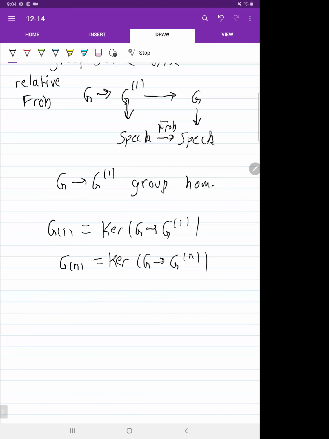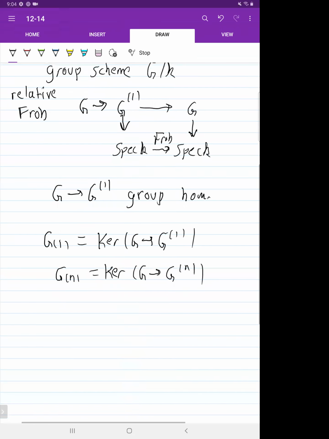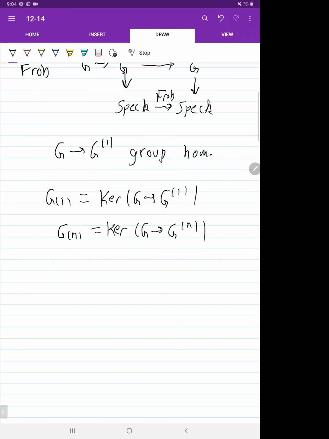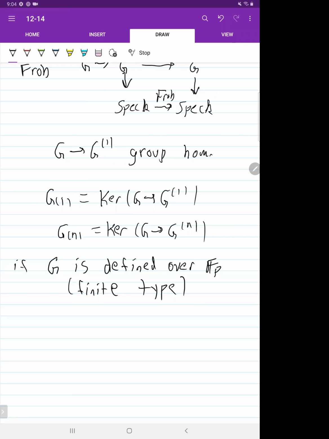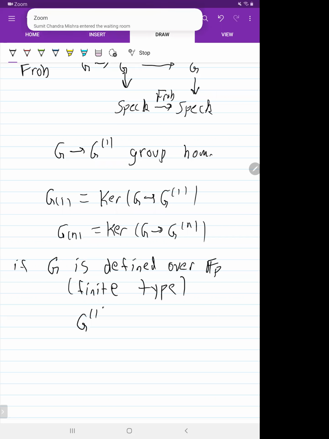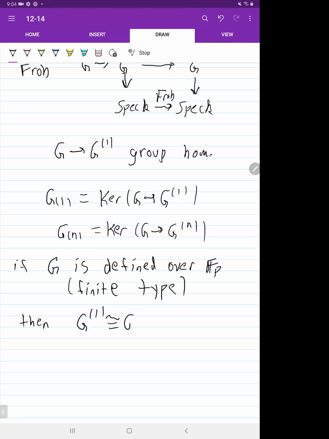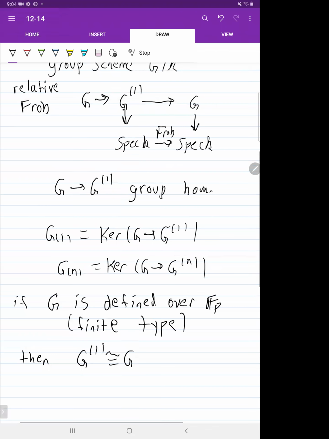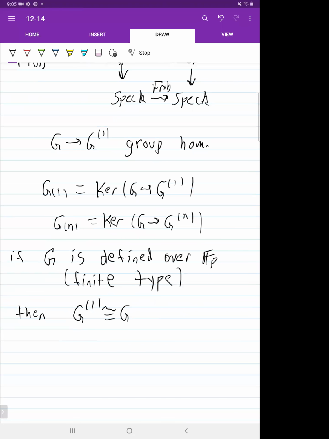Note that, probably we have to assume G is of finite type, but if G is defined over Fp, then you can identify G1 with G.